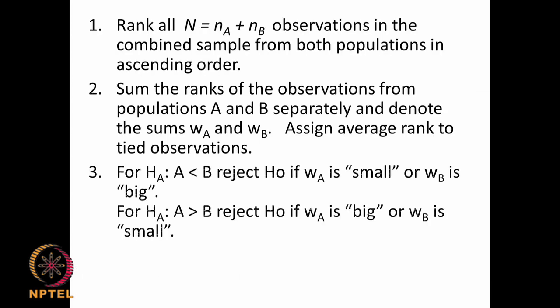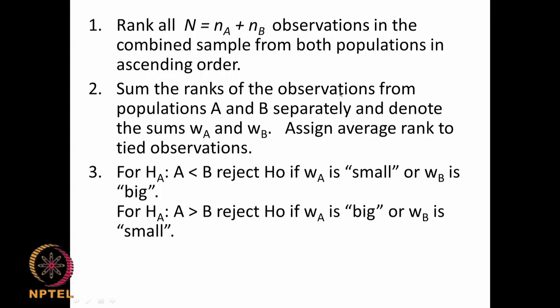So, what do we do in this? We rank all the data. So, suppose we have NA observations for sample A, NB observations for sample B. So, we combine all the results together and rank them, that means 1, 2, 3, 4, the smallest value called 1 and so on, and then put them in ascending order, that means smallest value at the bottom, that is 1, then the next larger is 2, like that, but you have to combine both sets.